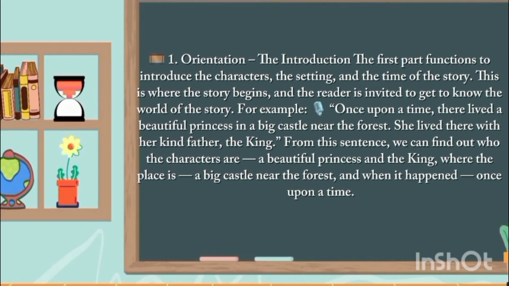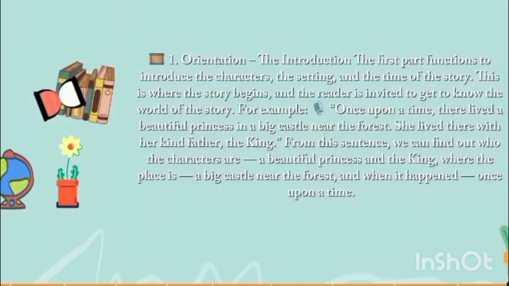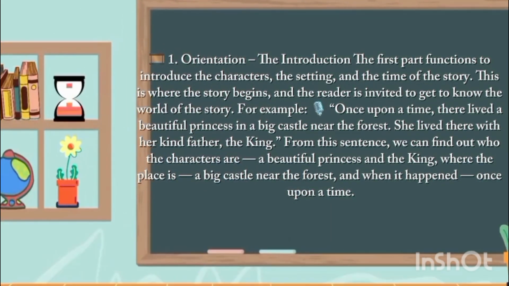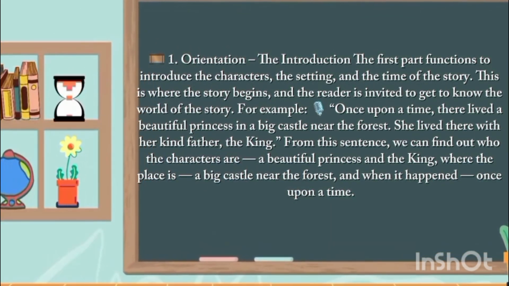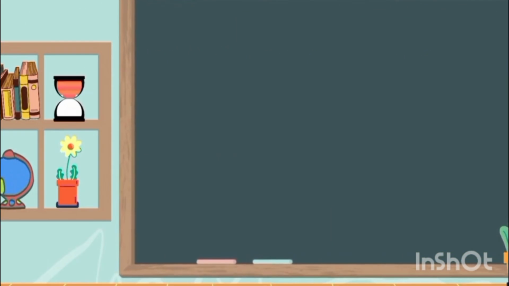She lived there with her kind father, the king. From this sentence, we can find out who the characters are: a beautiful princess and the king, where the place is: a big castle near the forest, and when it happened: once upon a time.